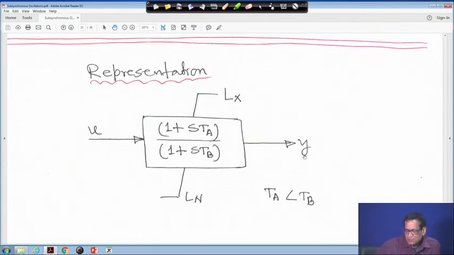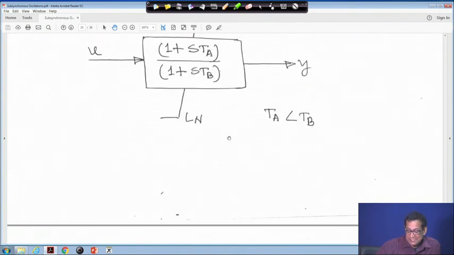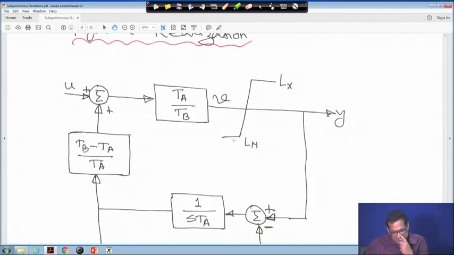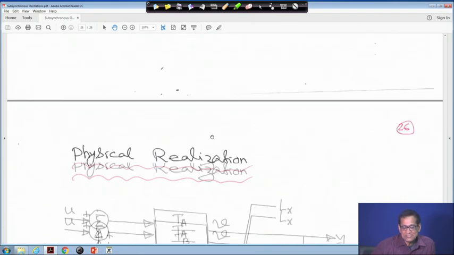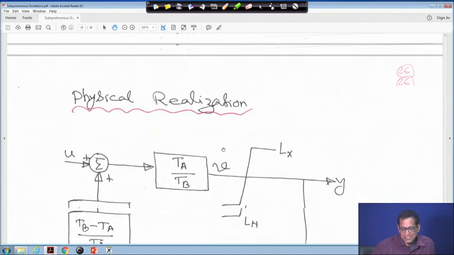Input is u, output is y, and the time constant TA is less than TB. This is the representation, and when you realize it electronically, it will be like this.